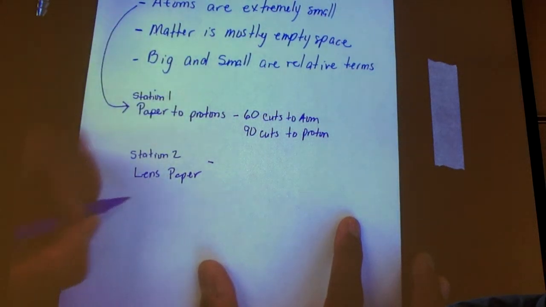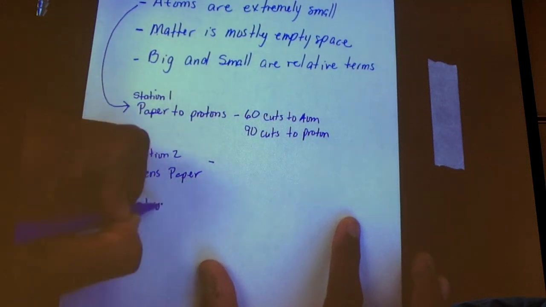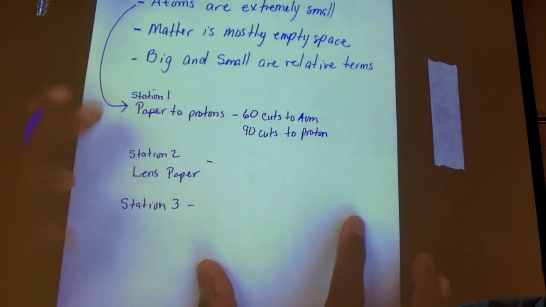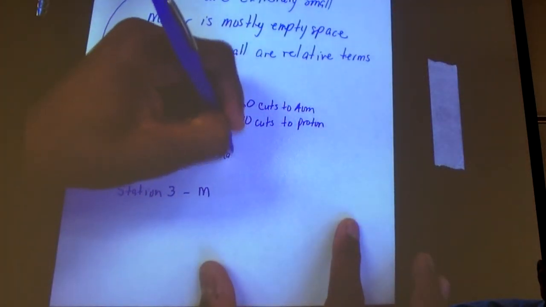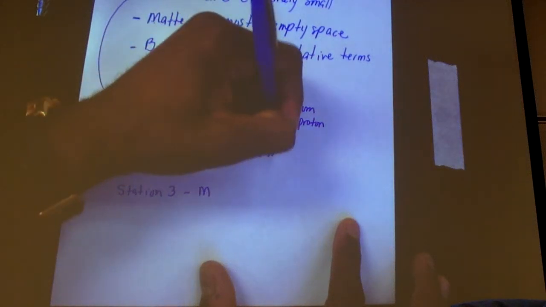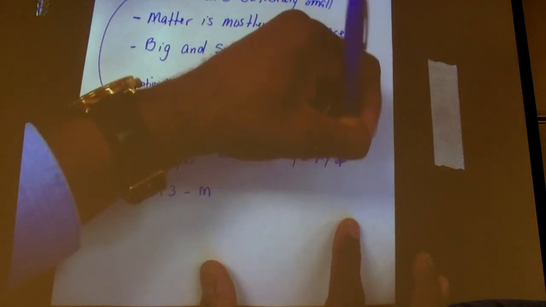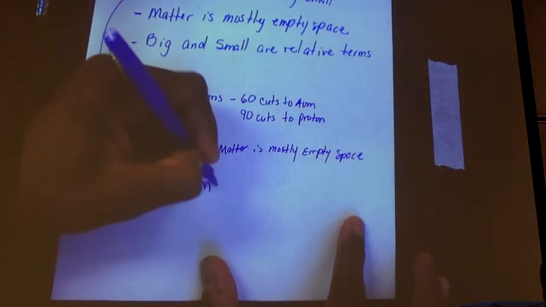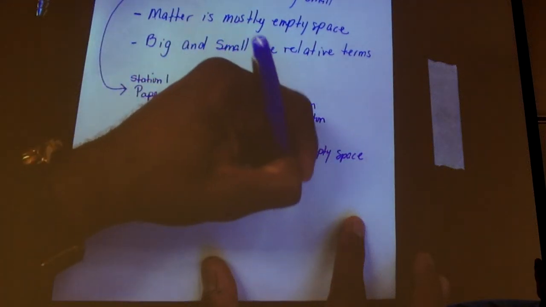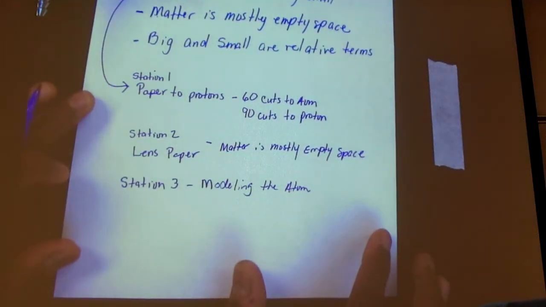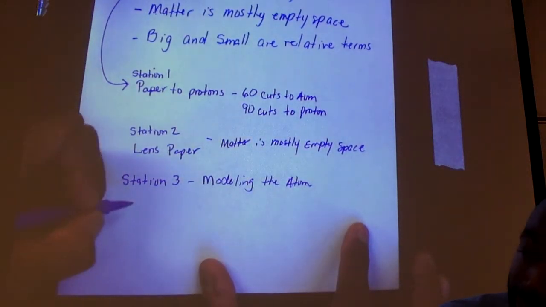Station 3 was all about modeling the atom, and we just went over that.